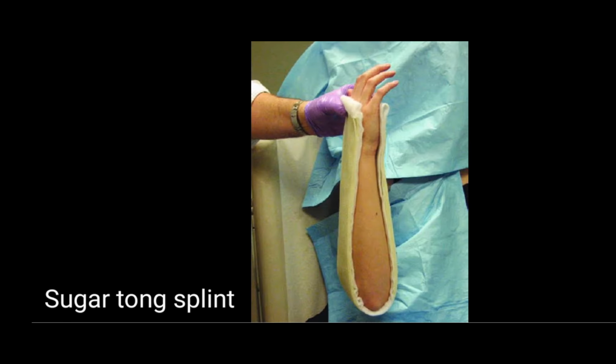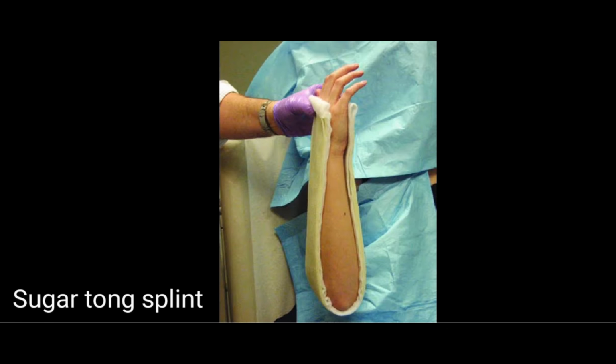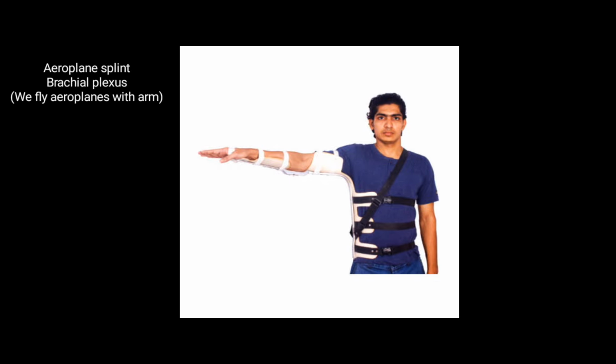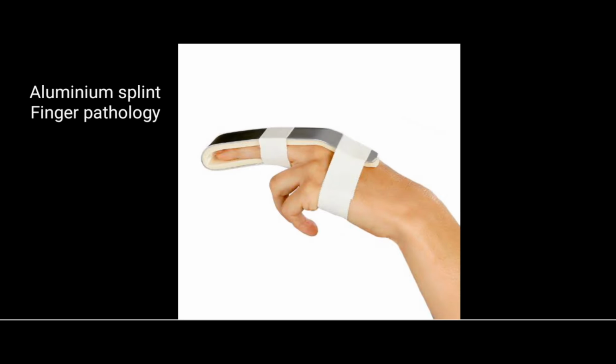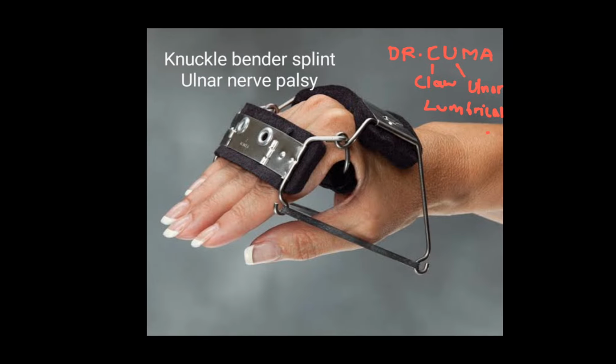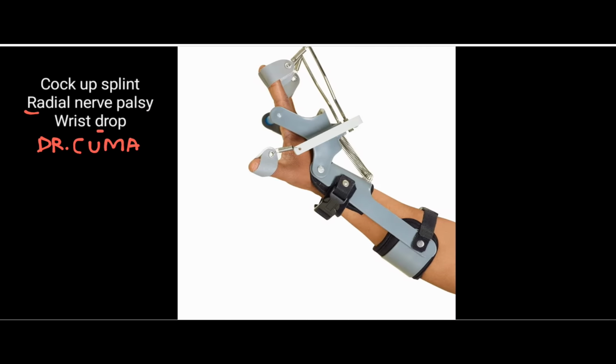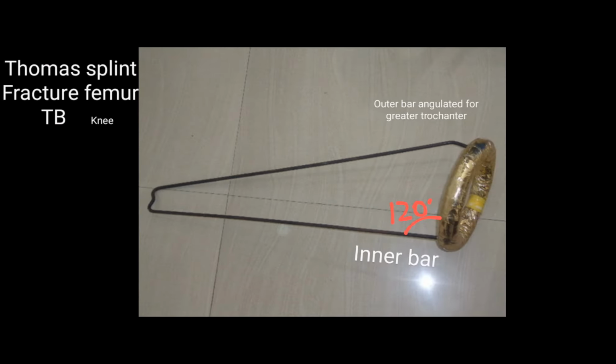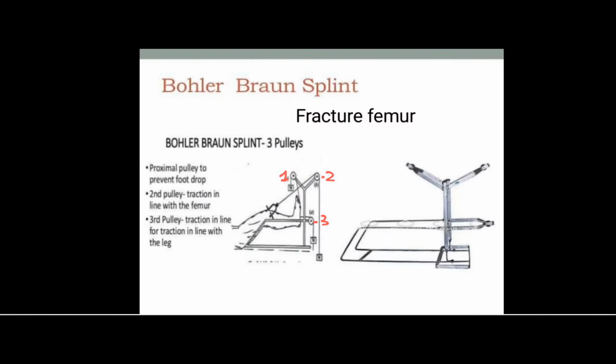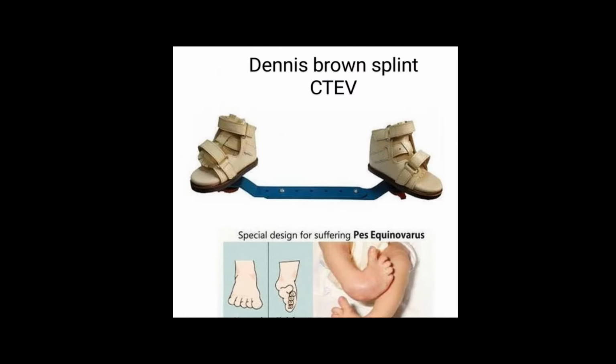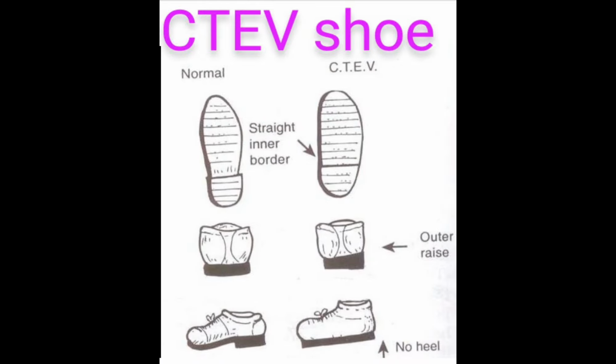So now let's revise again. Sugar tong splint for forearm, then aeroplane splint for brachial plexus, aluminium splint for finger pathology, knuckle bender splint for ulnar nerve palsy, and cock-up splint for radial nerve wrist drop, then Thomas splint for fracture femur and TB knee, 120 degrees and greater trochanter. Then Bohler Braun, 1 is foot, 2 is femur, and 3 is tibia. Denis Browne splint for CTEV shoe.